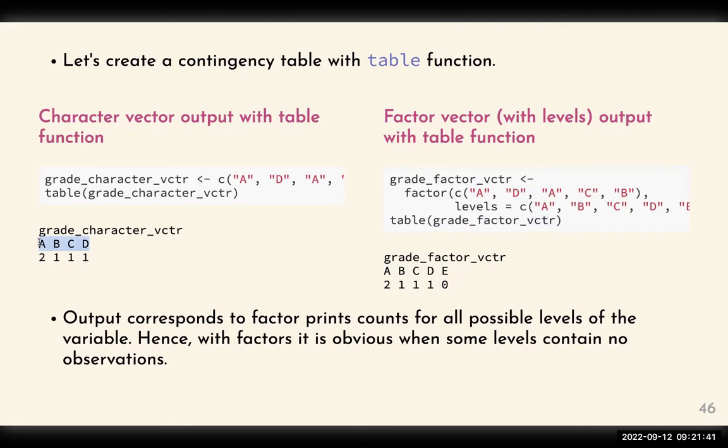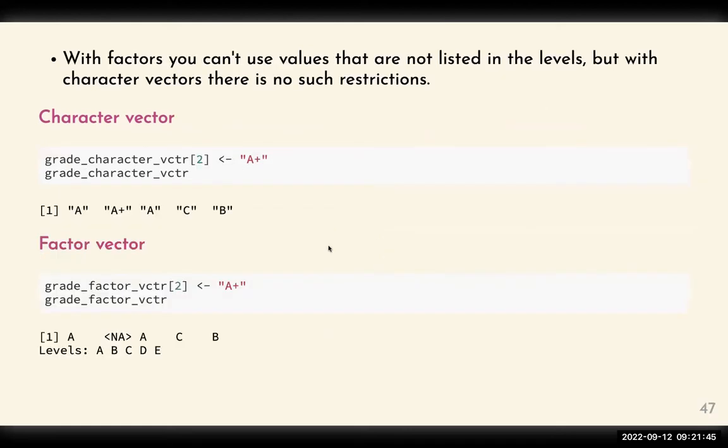Next point is with factors. You cannot use the values that are not listed under levels. But with character vectors, there is no such restrictions. For example, here I change the second element into A+. Now, the second element of the output vector is A+.